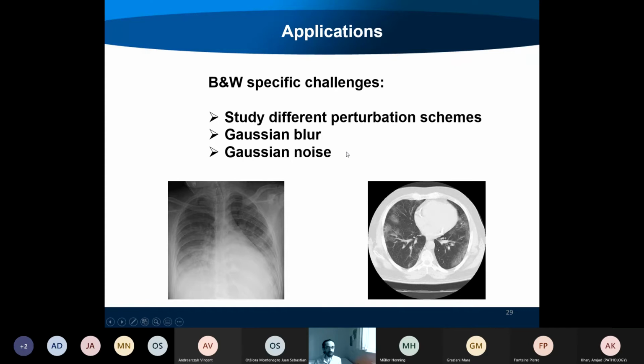So maybe we want to do some different types of perturbations. Lime doesn't offer these, so we had to implement them. But basically, maybe we want to perturb this with a Gaussian blur or with some other type of noise, or maybe some other ones. So we started by doing this Gaussian blur, Gaussian noise, and whatnot. But maybe there's other types of perturbations we want to look for, and how these perturbations affect the explanations, right?